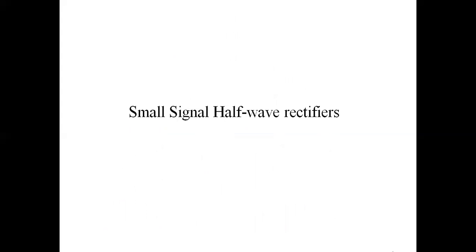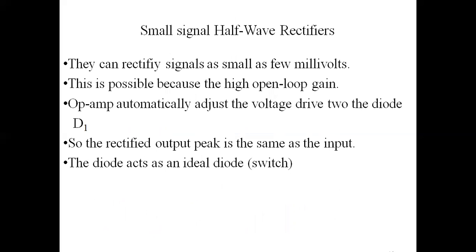As we have already studied what a rectifier is, we already know it. In a normal rectifier you have some threshold voltage, and before that threshold voltage the diode is not going to conduct or rectify. But small signal half wave rectifiers can rectify signals as small as a few millivolts or even microvolts.